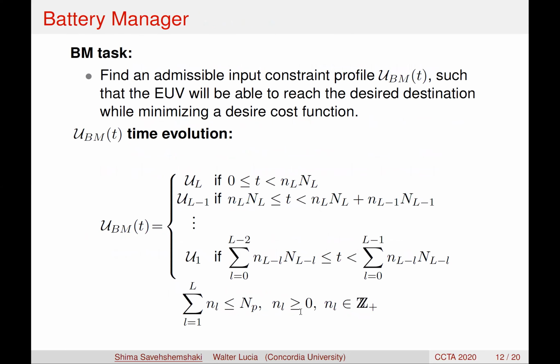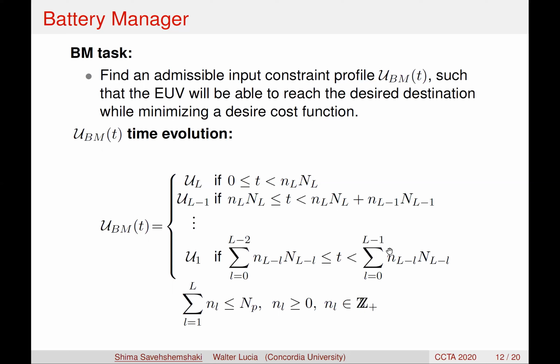By knowing the energy usage model for reference tracking by the set-theoretic MPC, now we can design the battery manager. Its main task is to find an admissible input constraint profile, U_BM(t), such that the EUV can reach the desired destination while minimizing the desired cost function. So the BM must be able to find a generic time evolution for U_BM(t), which is this equation.